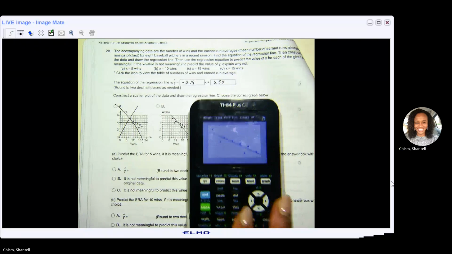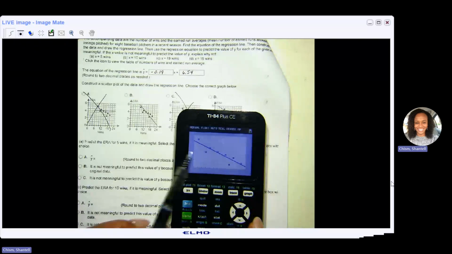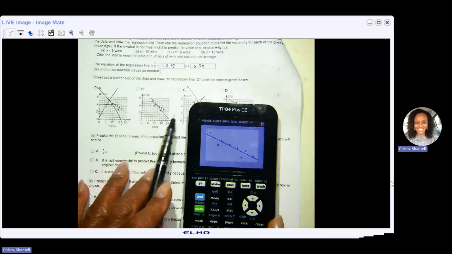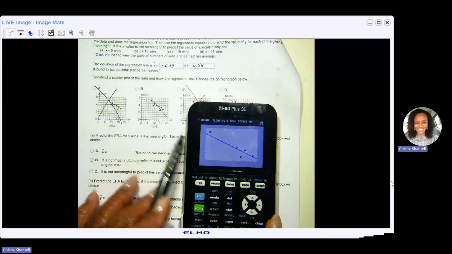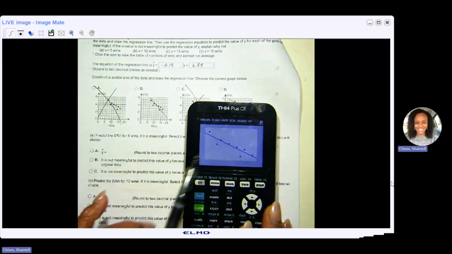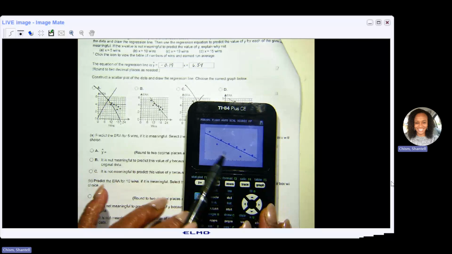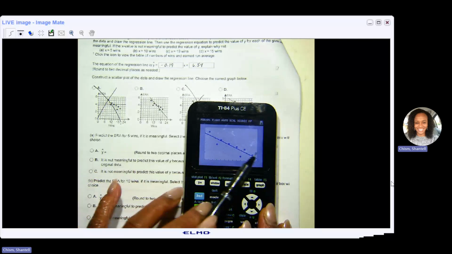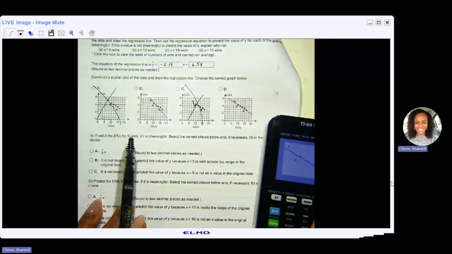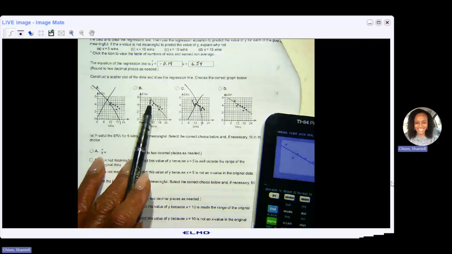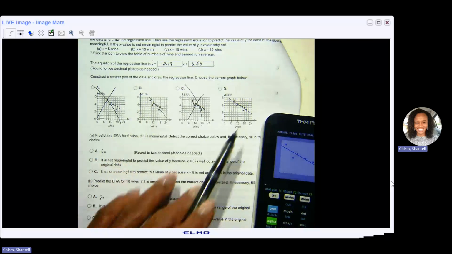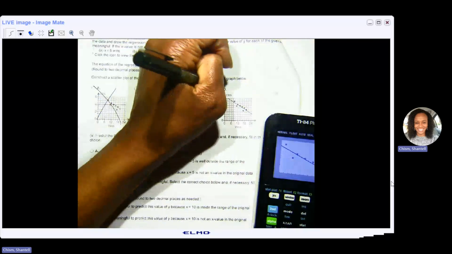It's hard to tell on here, but on the computer you can do a pop-out. Now it looks like this line has only 2 points below and the rest are above. That's not shown on B. I've got more than 2 points below the line here. So that would be D, the correct answer.